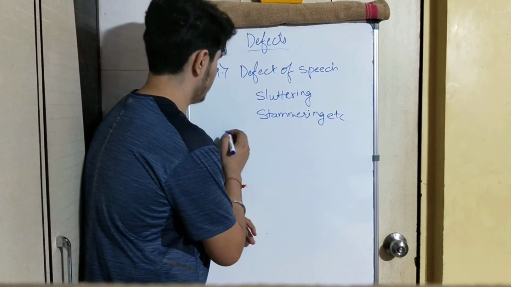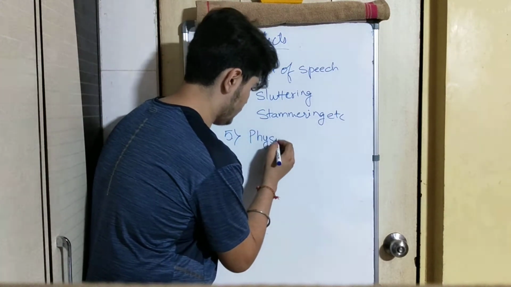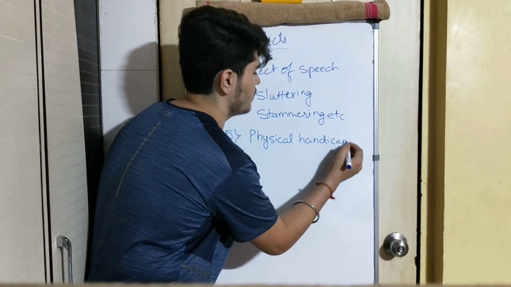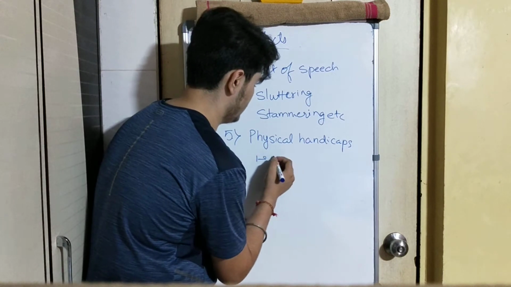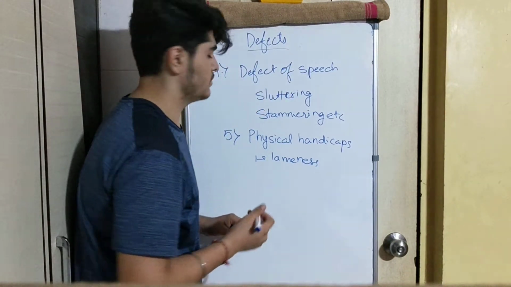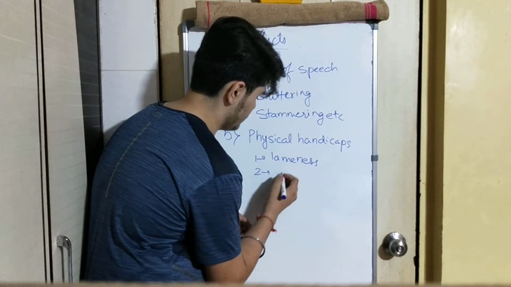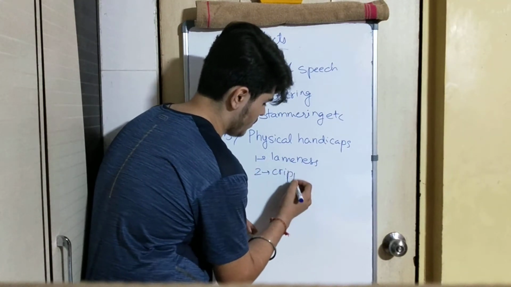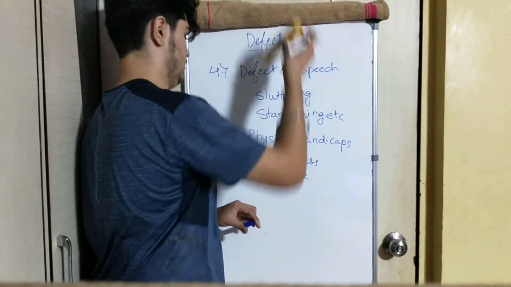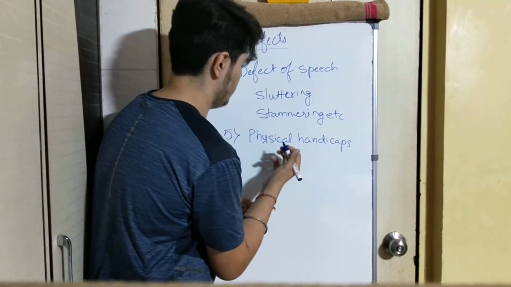Then we come to the fifth thing, that is physical handicaps. First is lameness. In Hindi, it's called alsi, that is being idle all the time. Second is cripple. These are all different types of defects. I hope you have copied it.